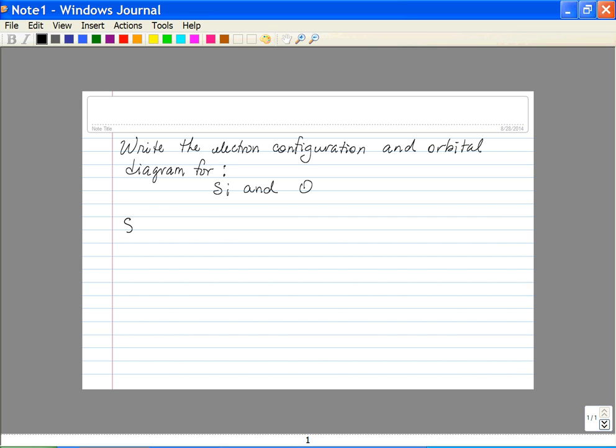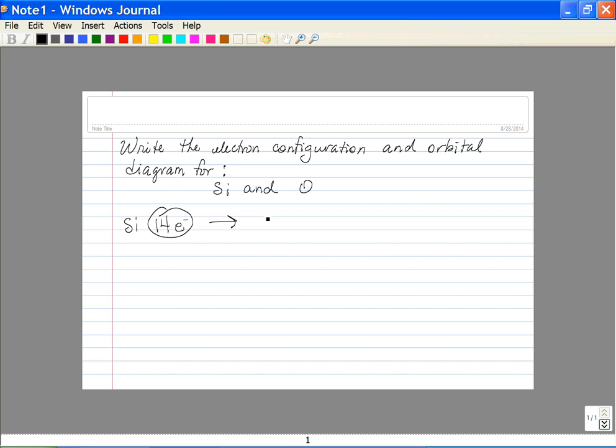So first, let's take silicon. Silicon is an element that has an atomic number of 14. So that means it has 14 electrons. Our electron configuration tells us where those electrons can be found.